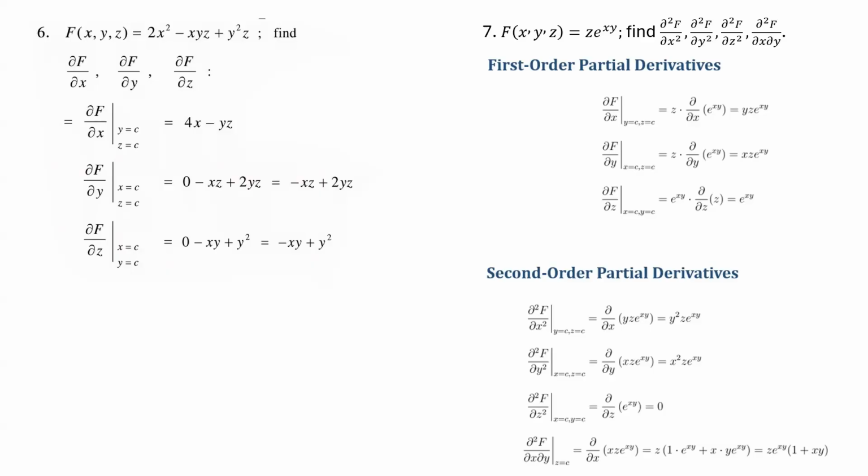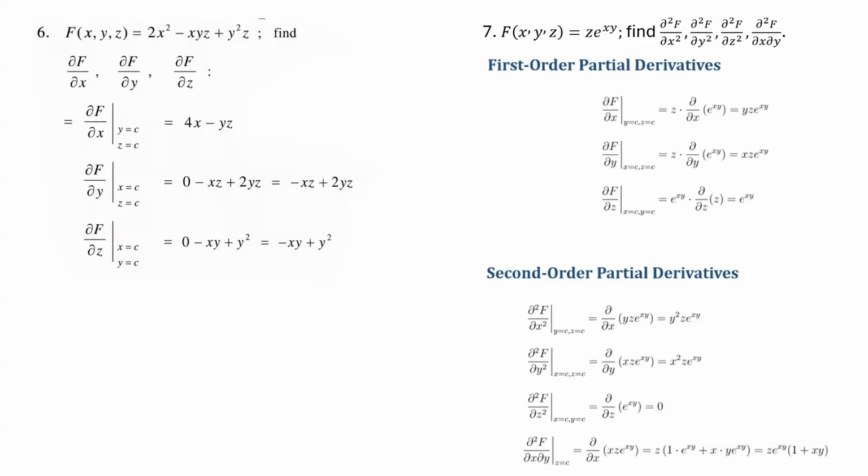For x, we will keep y and z constant, and it will become yz e^(xy). And as for y, we will keep z constant, and e^(xy) will become xz e^(xy). And as for z, e^(xy) will be constant, and we will differentiate z, which will become 1. So eventually it will become e^(xy).